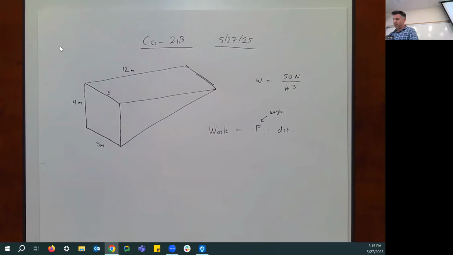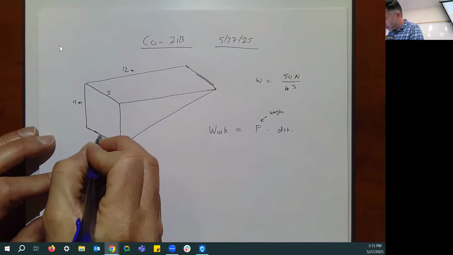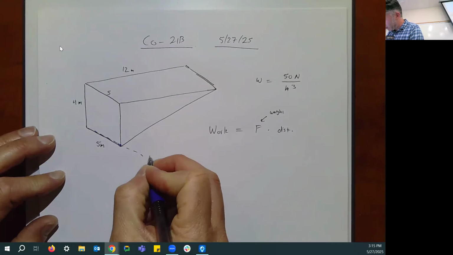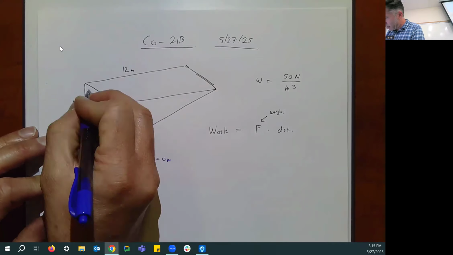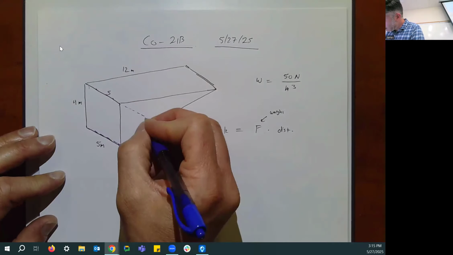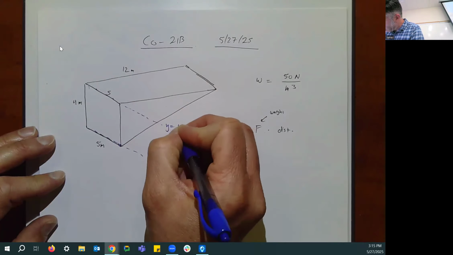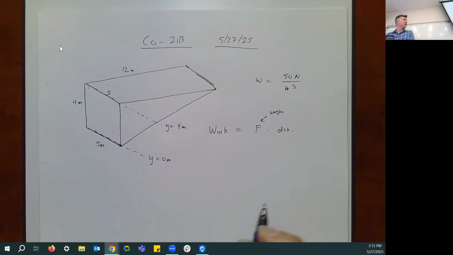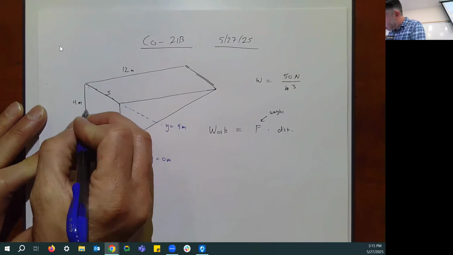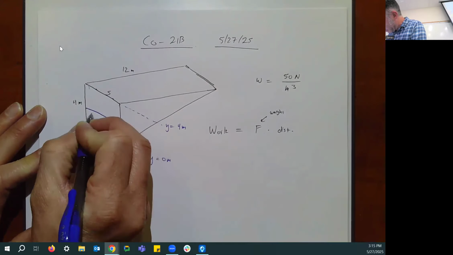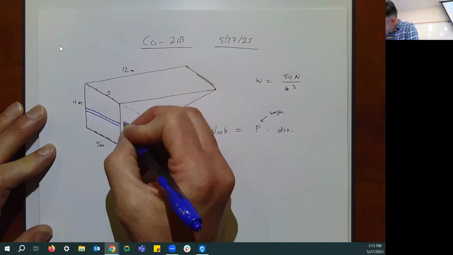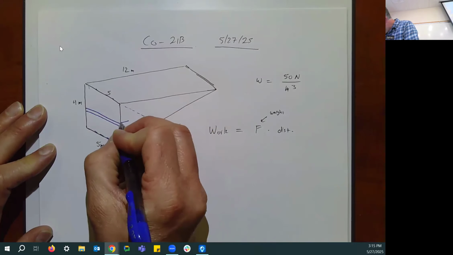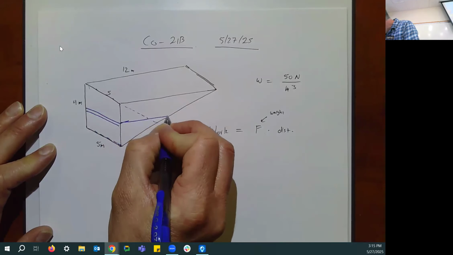So I would think of the bottom part here as y equal to 0 meters, all the way up to the top as y equal to 4 meters. Then what we're going to try to do is look at some slice of water that all has to travel the same distance, so it all has to be at the same depth. Hopefully my drawing doesn't fall apart here. But here's my slice of water.